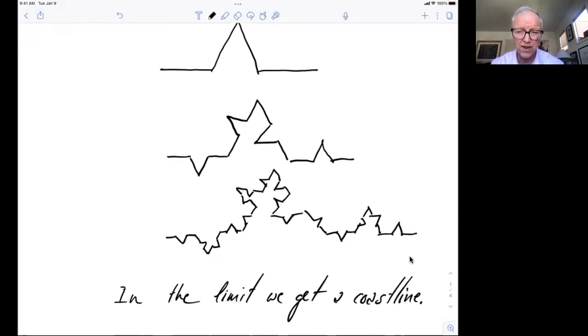So you can see that we can use the same fractal structure, same construction as we used to construct the Koch snowflake, to construct a coastline. Now, of course, this coastline is a little artificial, just like the Koch snowflake was an artificial snowflake, and the scaling of a real coastline is a little bit different.